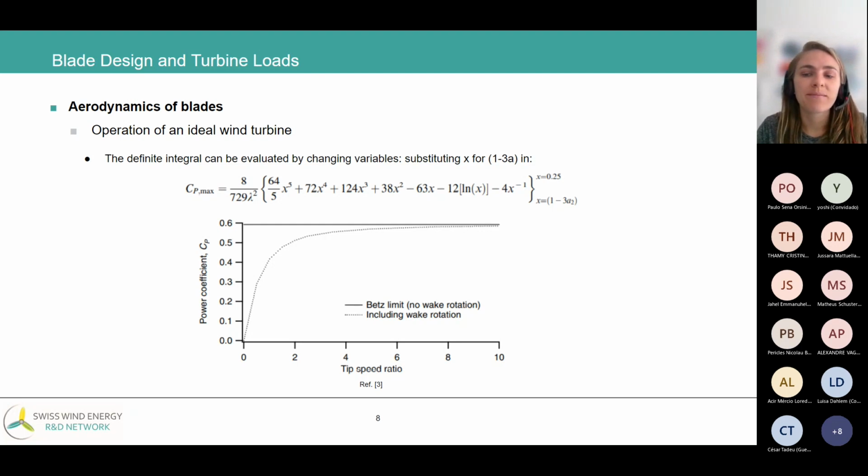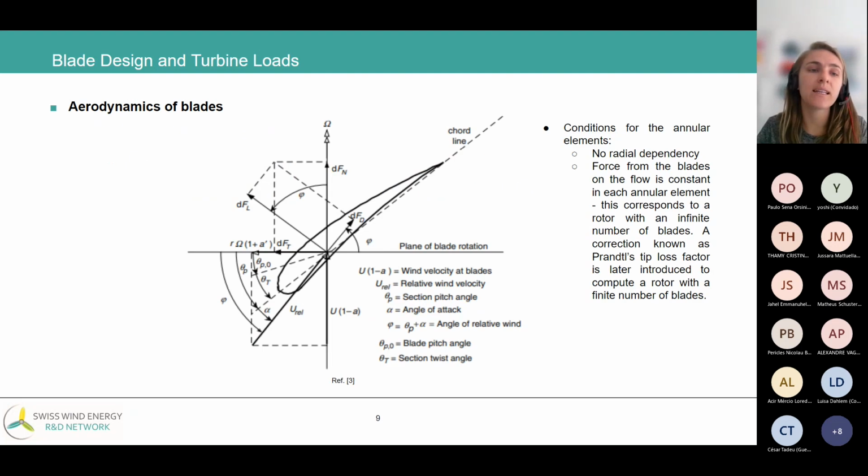So with this, I close this very basic aerodynamics of blades, and then we can see this very well-known figure in which we define all the angles and all the forces and wind speeds that need to be taken into consideration once we are designing a wind turbine blade.